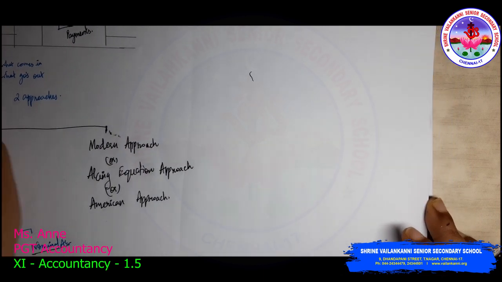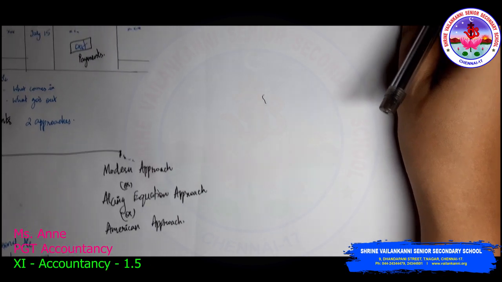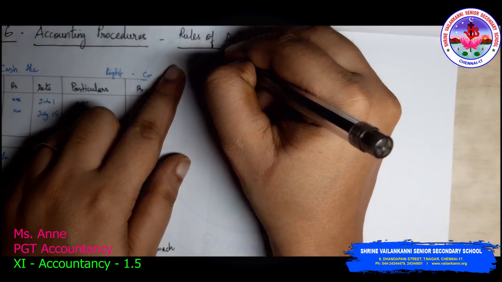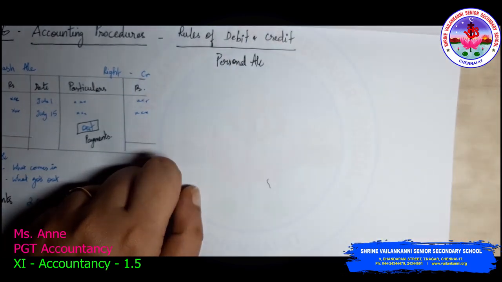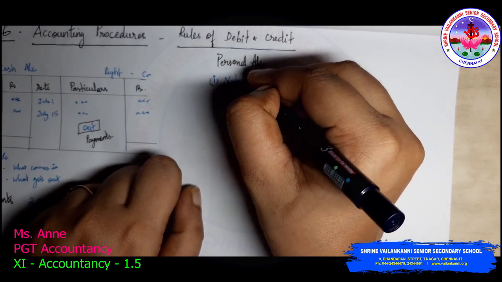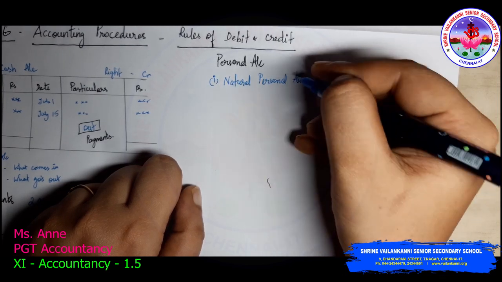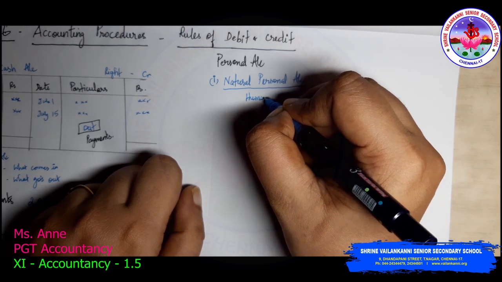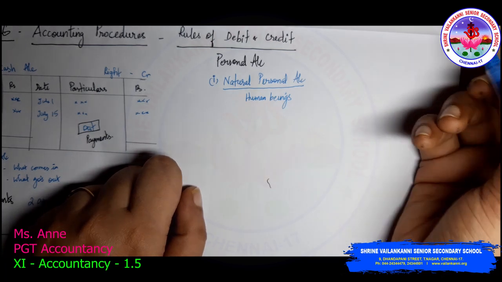So basically, personal account can be classified into, number one, natural personal account. Natural personal accounts are basically human beings who are created by God.